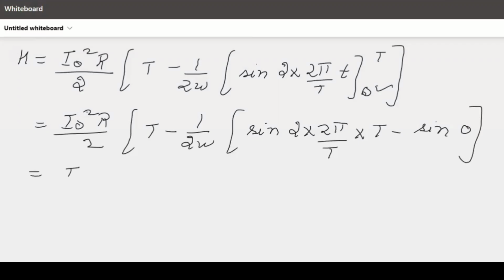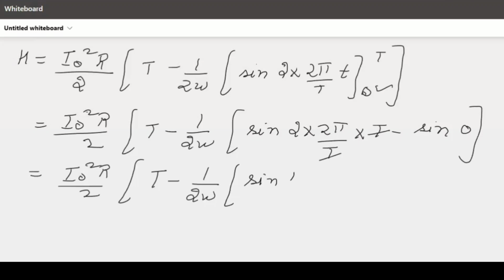Then we have I naught square R divided by 2. This is the capital T minus 1 upon 2 omega into the sine. This is T and T got cancelled, 4 pi minus sine 0.